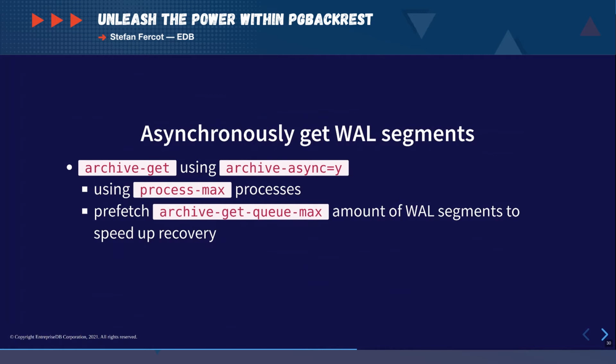Let's say you restore and trigger archive-get, but your repo is an S3 bucket, which is pretty slow and pretty far. You could have multiple processes already prefetching the WAL segments locally from the S3 bucket before Postgres needs them for the recovery. So it's pretty handy to speed up the recovery.